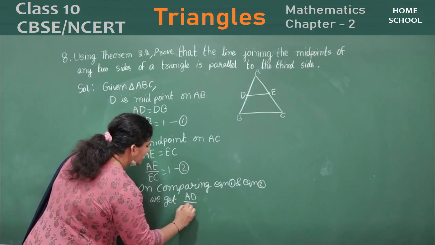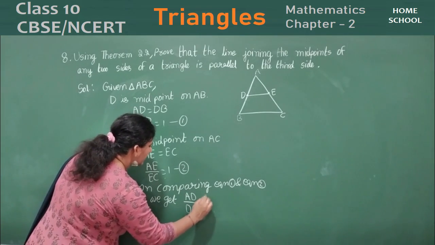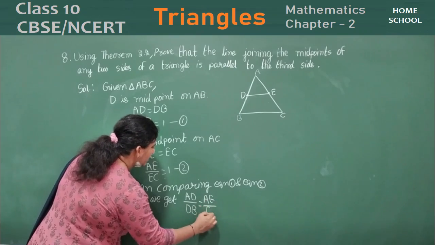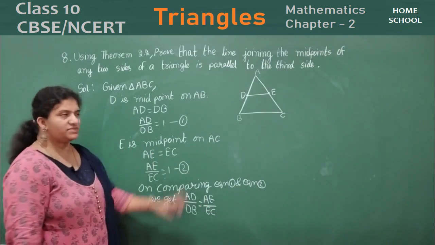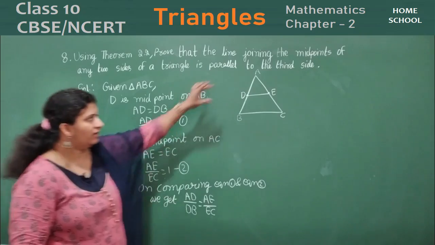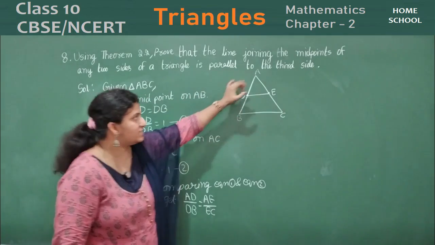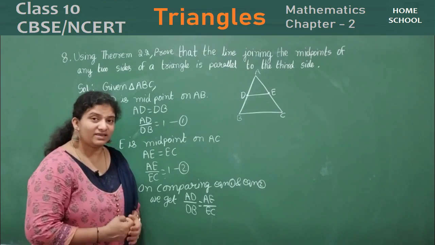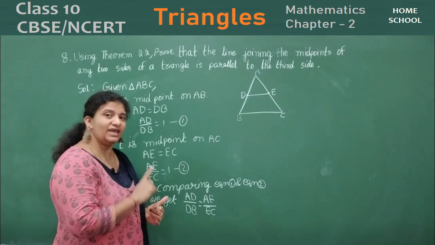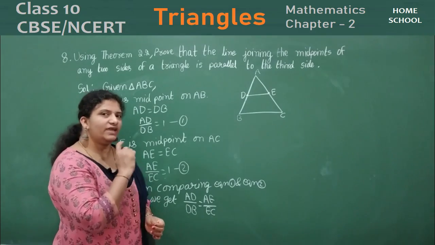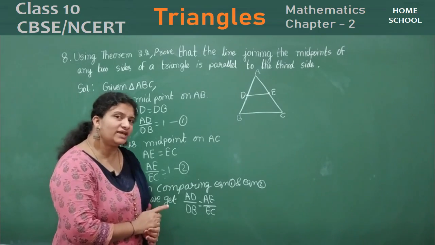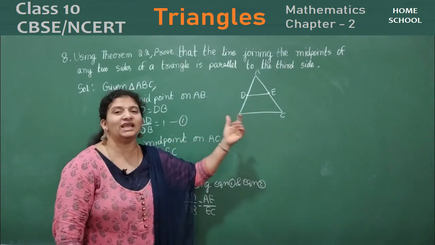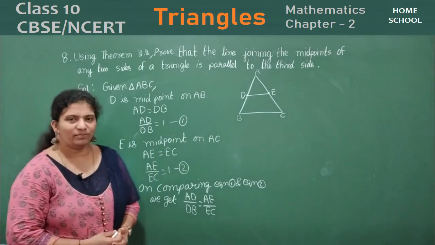AD by DB is equal to AE by EC. Observe the figure, what we have written here. What do you remember? Yes, the ratios are in proportion. If they are in proportion, what can you say? Therefore, DE line is parallel to BC.